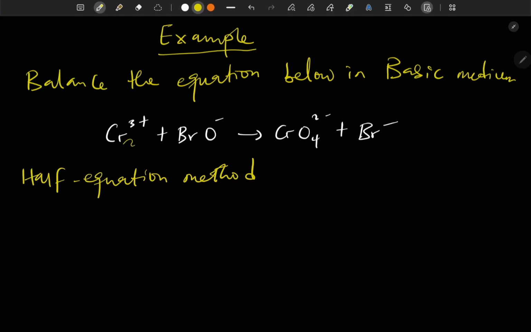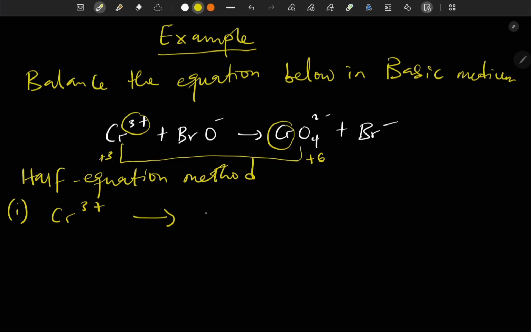Here, chromium is going from +3 to +6. If you calculate the oxidation number of chromium here, it is +6. So chromium is going from +3 to +6. Definitely that is oxidation. So we can have Cr3+ goes to CrO4 2- and call this oxidation.